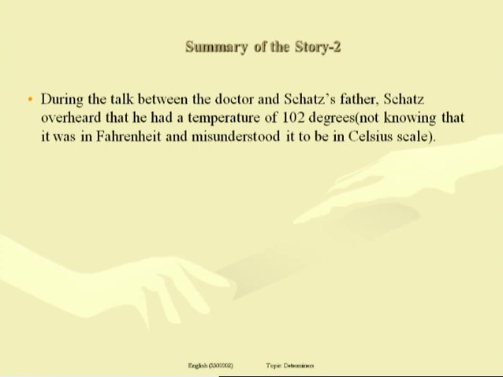Shaz overheard the talk between doctor and his father, and from that talk Shaz hears that he was having 102 degrees temperature. But Shaz did not know that the temperature which was measured by the doctor was in Fahrenheit, and Shaz misunderstood it to be in Celsius scale.